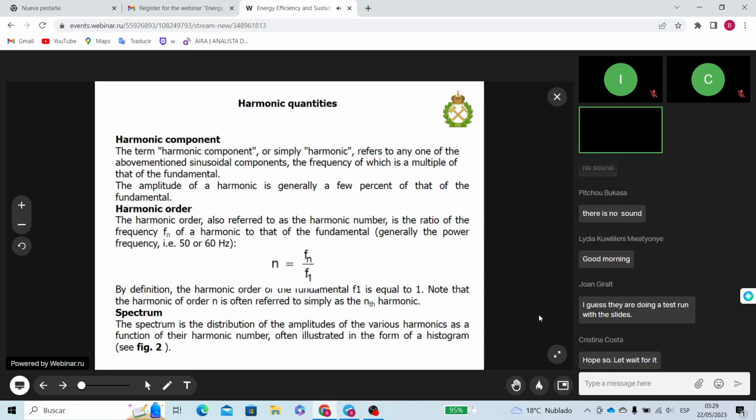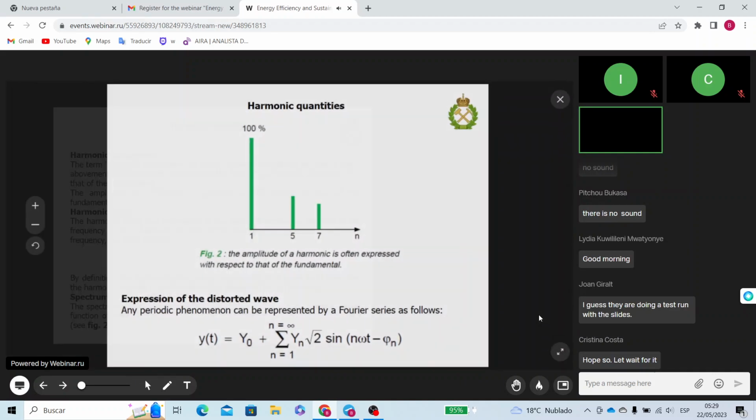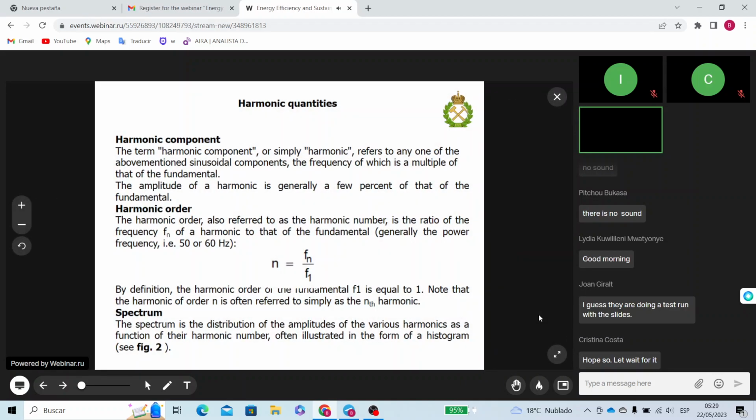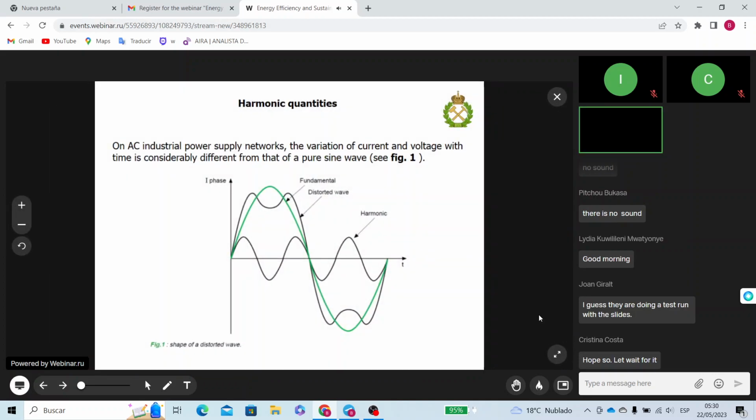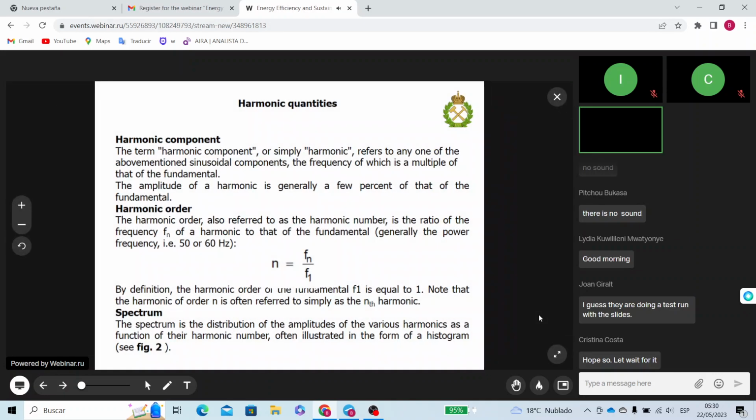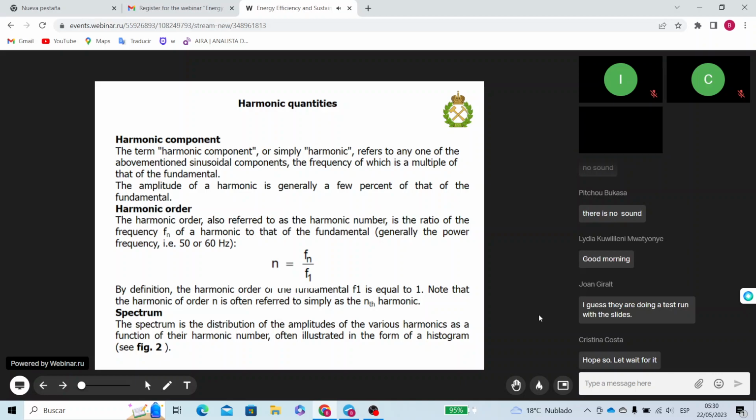And first of all, about quantities, harmonic order. It is the number of some harmonic. It's the relationship between the harmonic frequency and the fundamental component frequency. And also, when we want to know the whole information about harmonics, we need a spectrum.